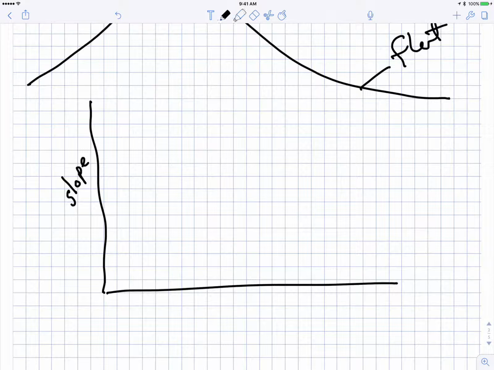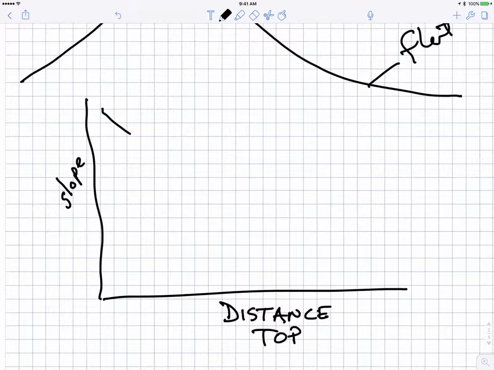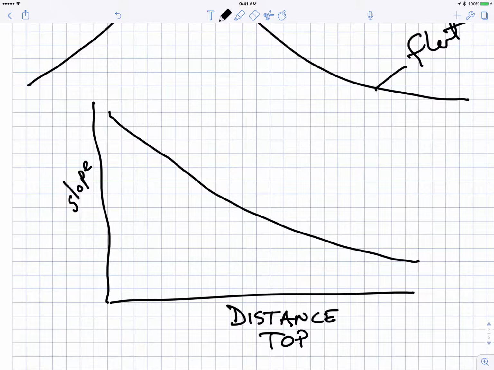If we made a plot of the slope versus the distance from the top, we might have a plot that looks something like this. The slope is higher near the top and lower near the bottom. At the very top it might get to be very steep, cliffs, and as we get out into the area away from that, it would become flatter.